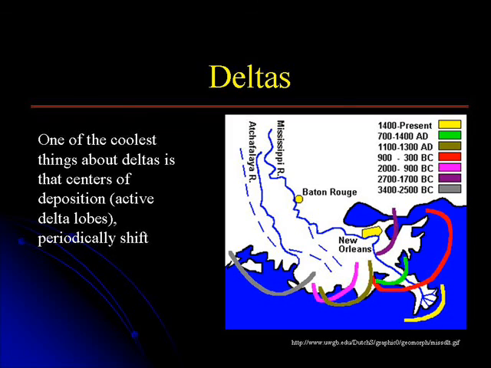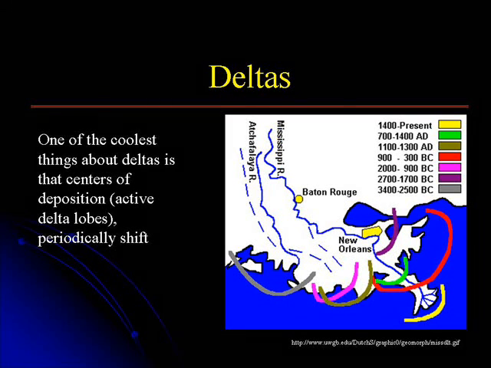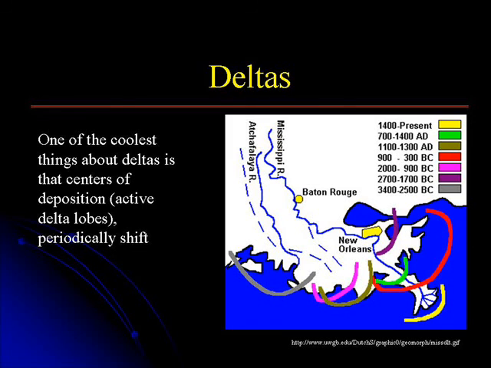And if the river would suddenly shift to go down the course of the Atchafalaya, then of course we would lose all those port facilities. And somebody thought it was a good idea to keep the river flowing in the same direction, because it would be expensive to continuously shift where all the docks and the port facilities were. There's a problem, however, with this, because the further the river has to flow into the sea, the wider the delta is, the more likely it is to back up.